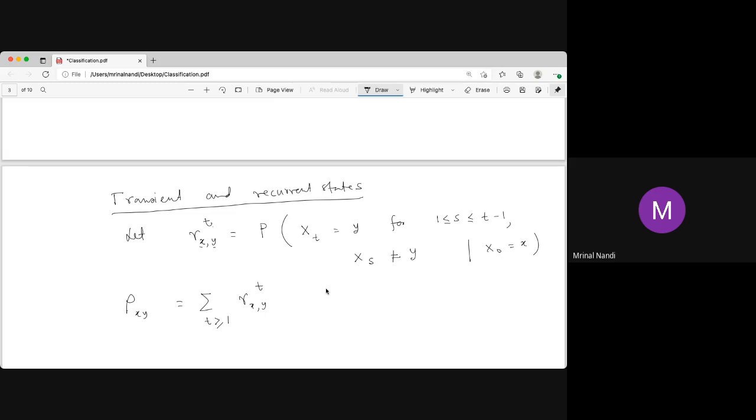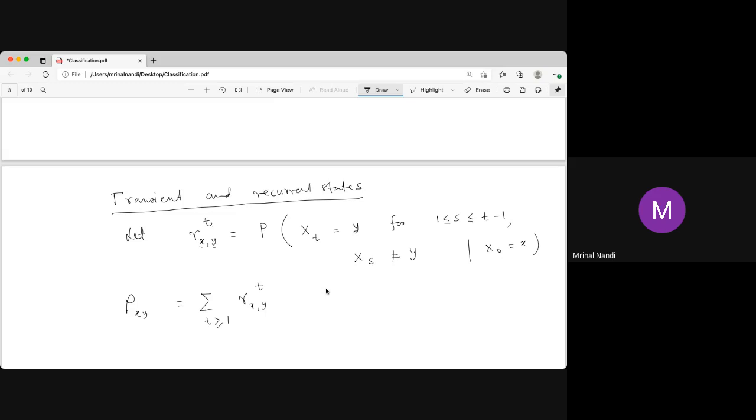If it visits y for the first time in the first step, then we call it rho_xy(1). If after two steps it visits y the first time, we call it rho_xy(2). And what is rho_xy? It is the union over all n, all t.